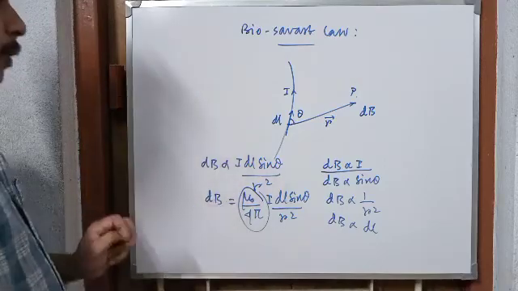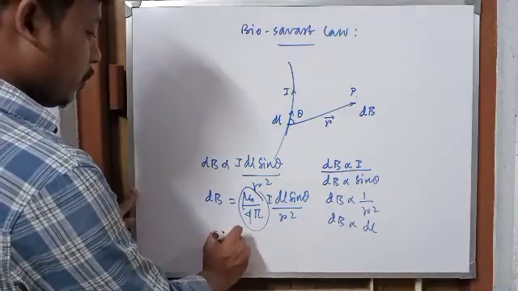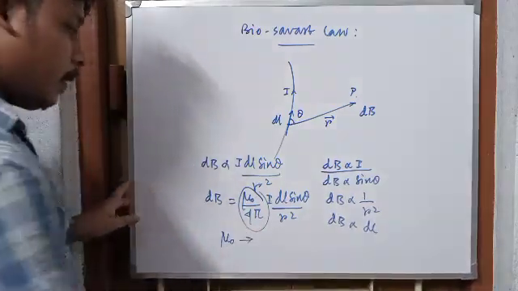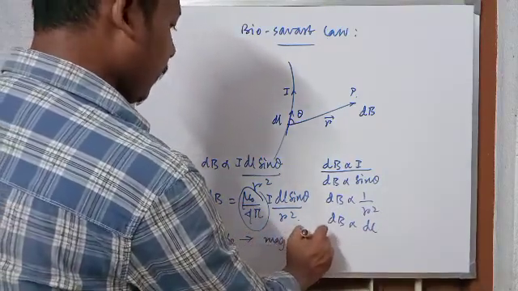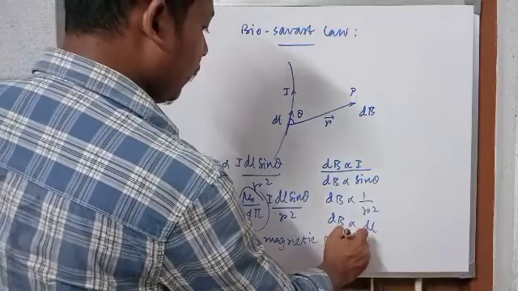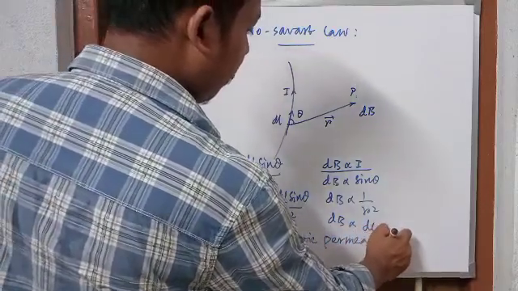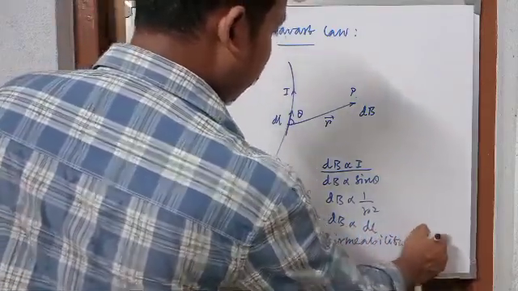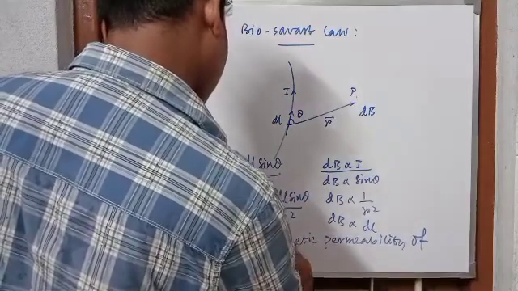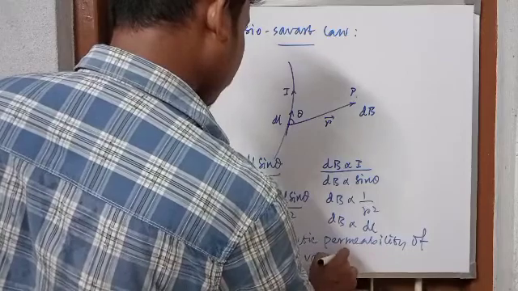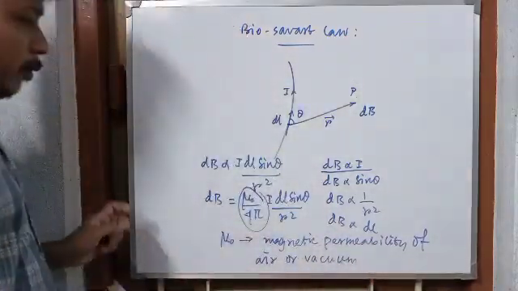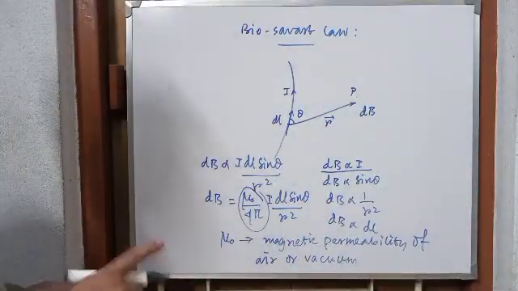Mu naught is the magnetic permeability of air or vacuum.